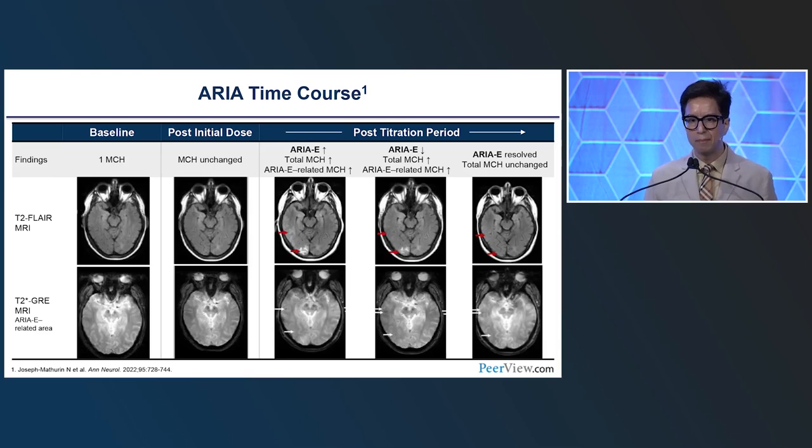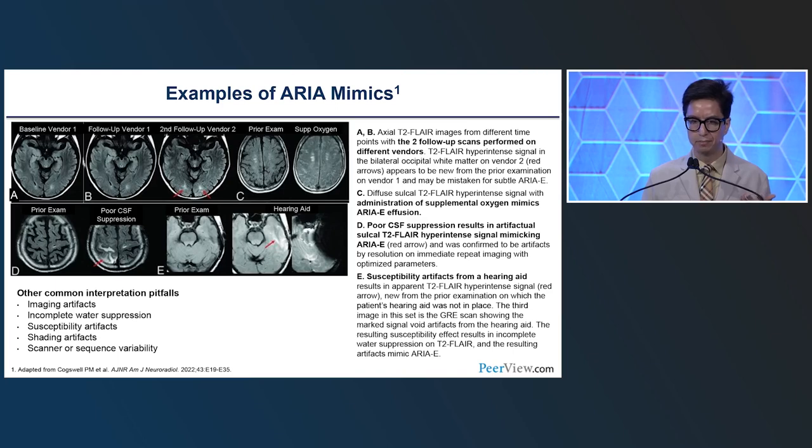Again, in terms of the time course, the point of this slide is to note that in terms of the ARIA-E, what typically happens when you see that is the doses can be stopped, especially if there are symptoms involved. And ARIA-E can typically resolve, but the hemorrhages often persist, and so that's important to note as well.